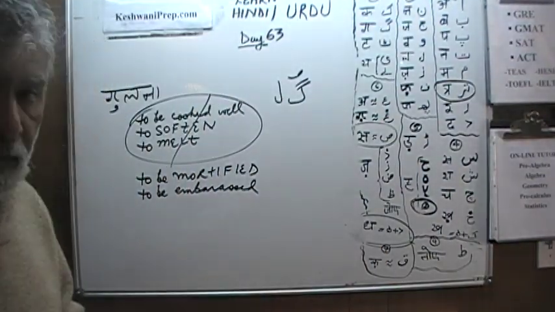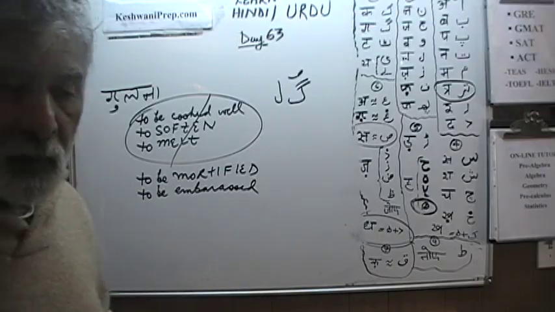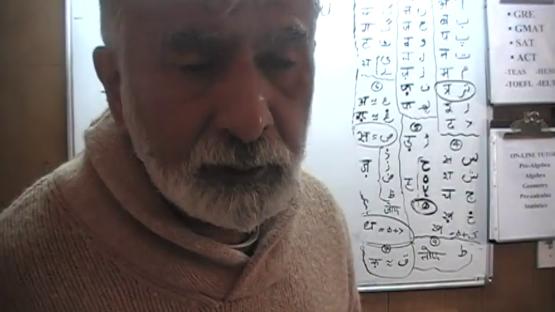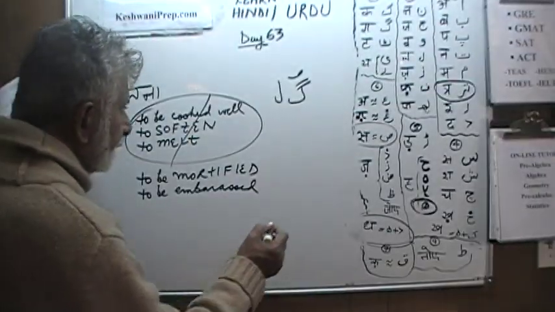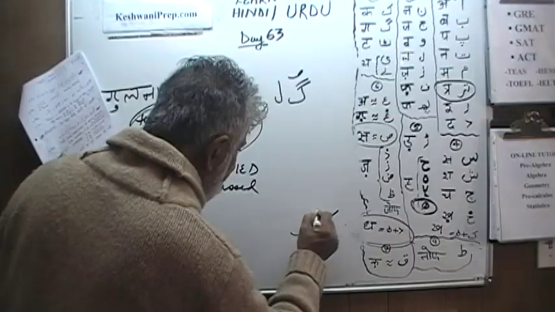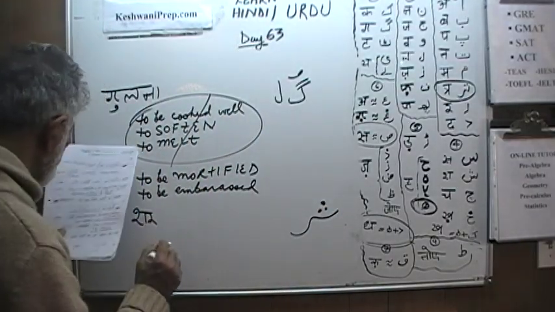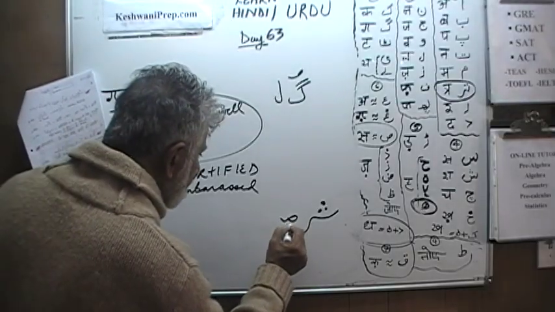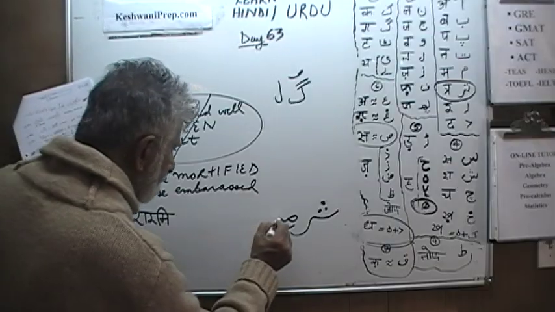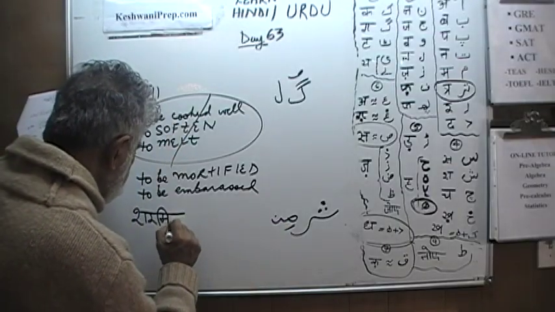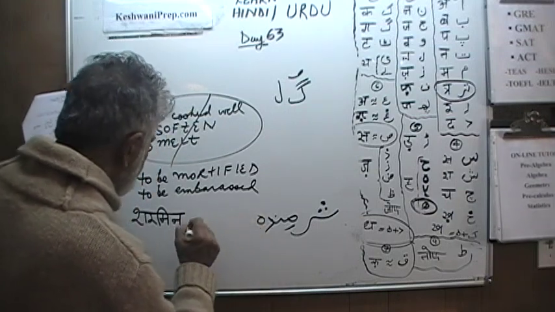A synonym of gulna. Gulna is not what we use in our daily life. We use a simpler word, a synonym, which is this word right here. I'm just going to write it. Sharminda. It has a mi with a choti ki matra, and it ends with a ha.